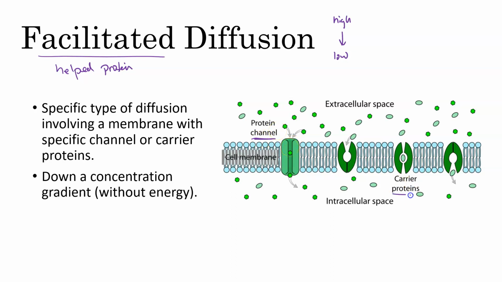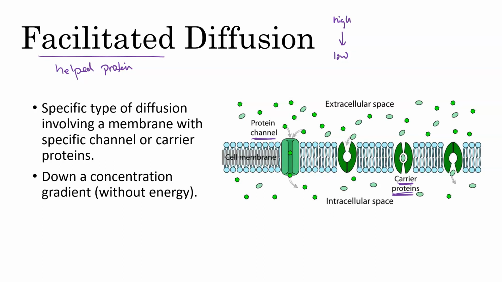Or carrier proteins, which are much like what they say, they carry specific solutes from an area of high concentration to an area of low concentration, but they're actually kind of actively moving or opening, whether they're open to the external to internal or internal to external, but they're going to carry molecules as they move or change conformation in the pumping of those materials.